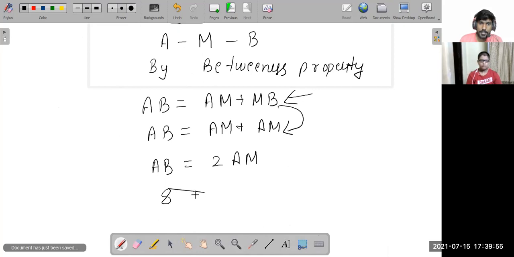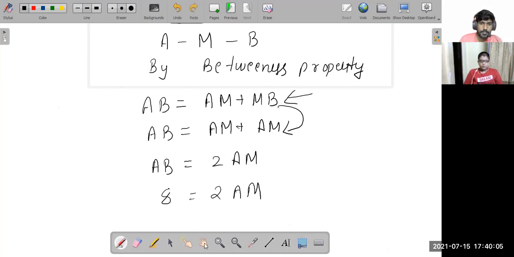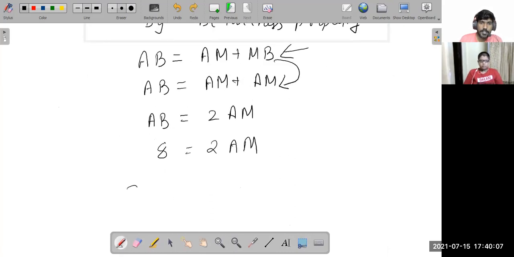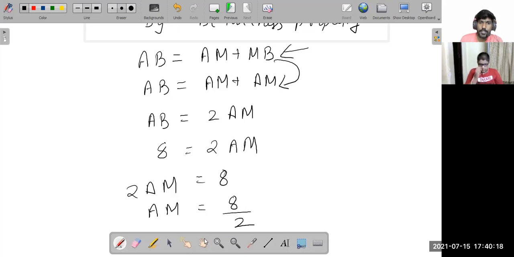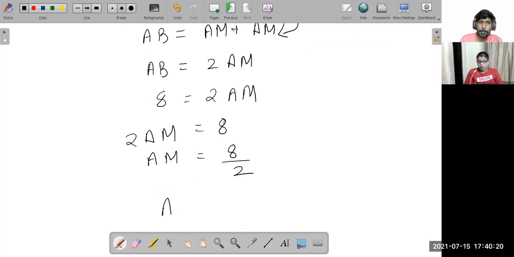So 8 is equal to 2AM, or you can write 2AM is equal to 8. So AM is equal to 8 divided by 2, which is 4. So AM is equal to 4.